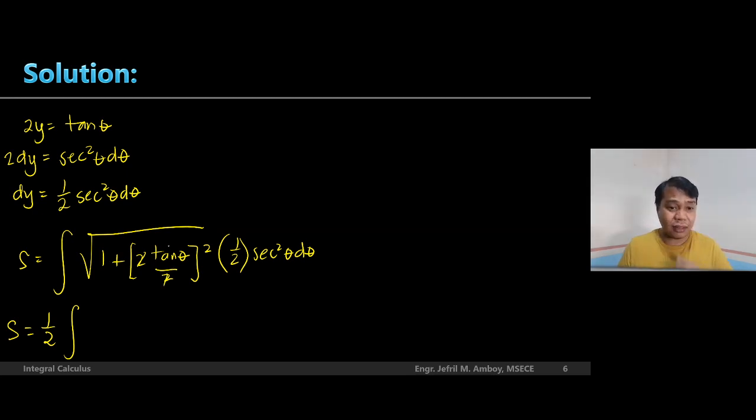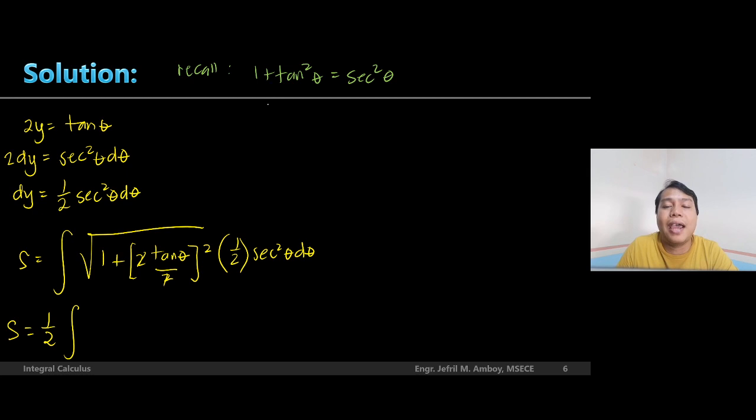And recall the identity that 1 plus tangent squared theta equals secant squared theta. That comes from our Pythagorean identity, cosine squared plus sine squared equals 1.